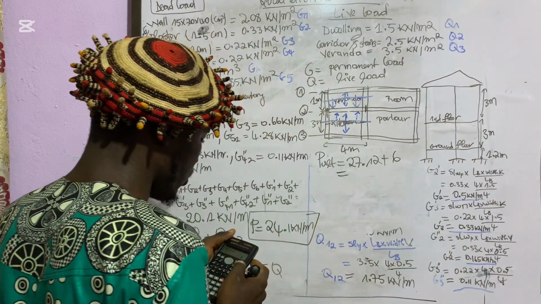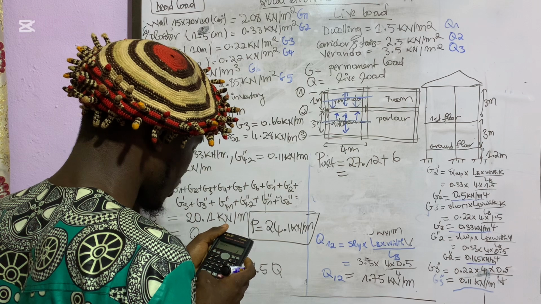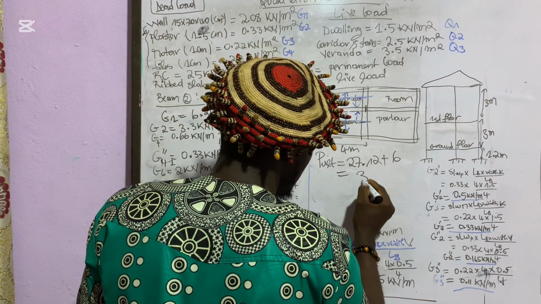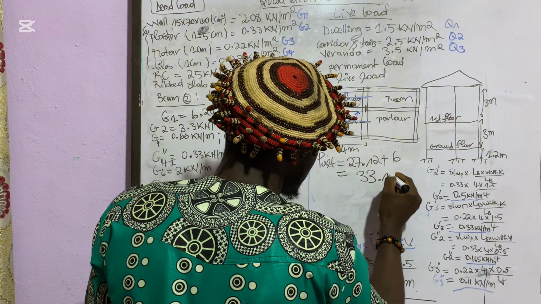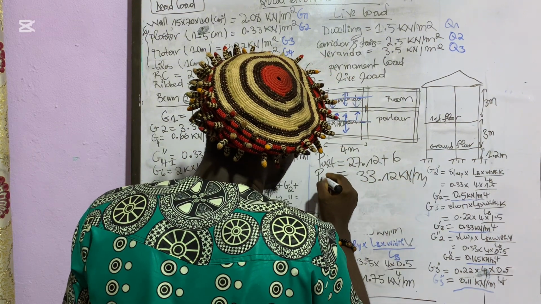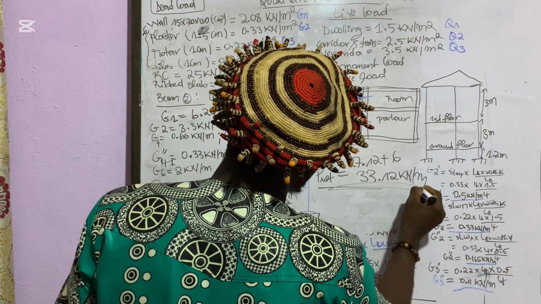So at the end of the day, we'll have 33.12 kilonewton per meter. This is our P at the ultimate limit state.